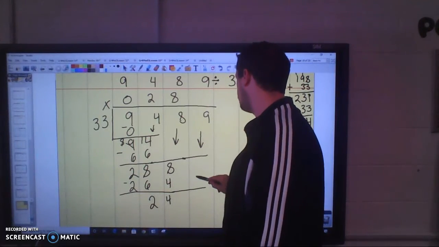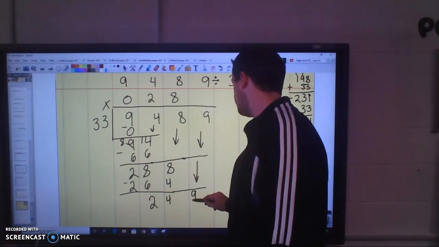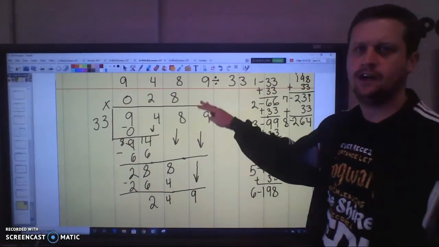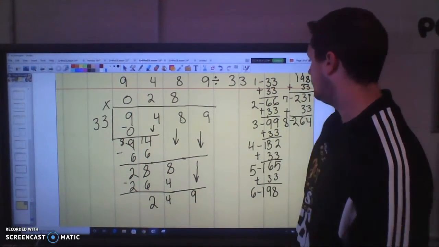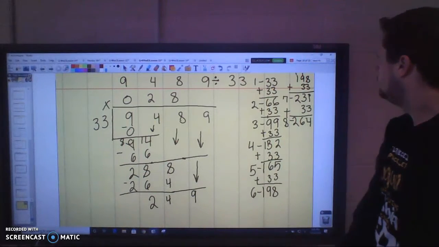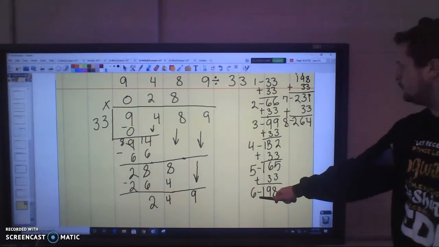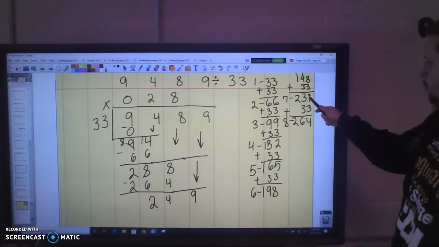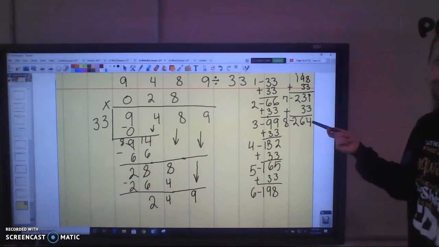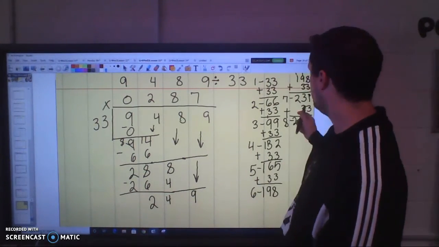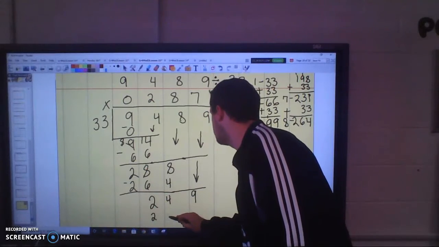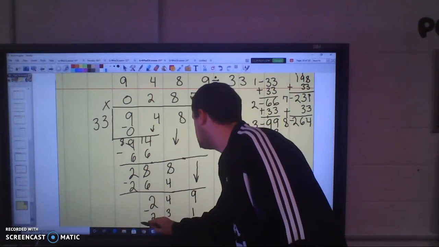And again, it's super important that you're staying in these columns on your paper because it makes it a lot more organized. So now you're looking at 249. Well, our 7th multiple was 231, 8th one was 264, so that's too much. So it would be 7 here, and then down below I would put 231, and then we're going to subtract.